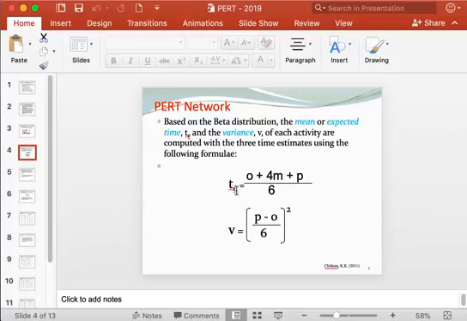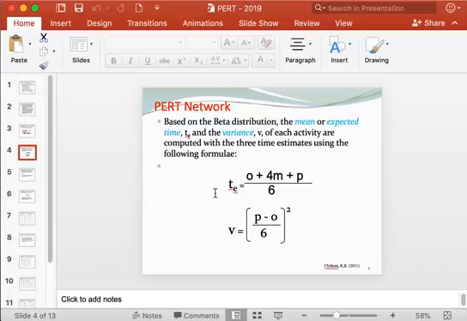So e is referring to expected time, t is referring to time estimate, the expected time estimate of the activity. And this is small v here, which is the variance of the activity duration, given by pessimistic time minus optimistic time, whole thing divided by 6, whole square.